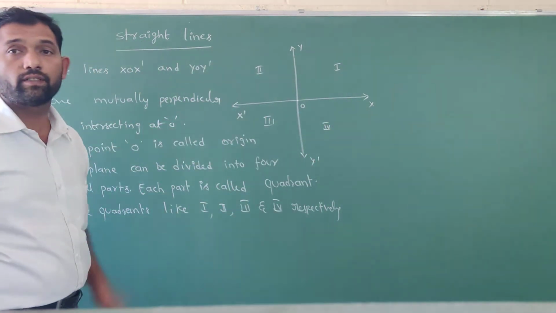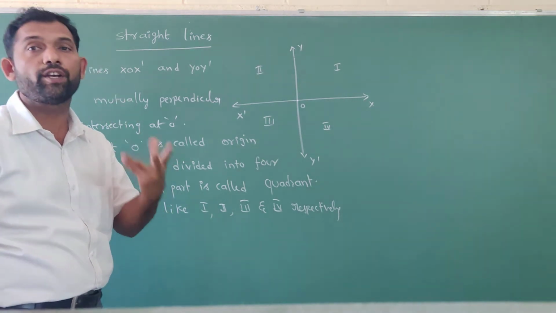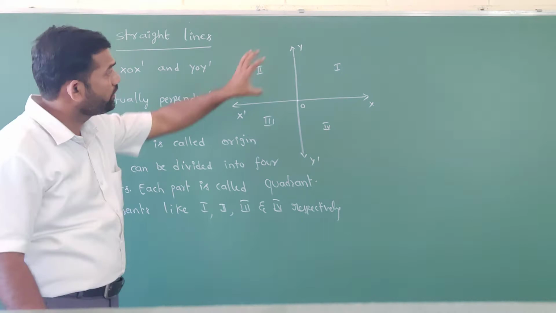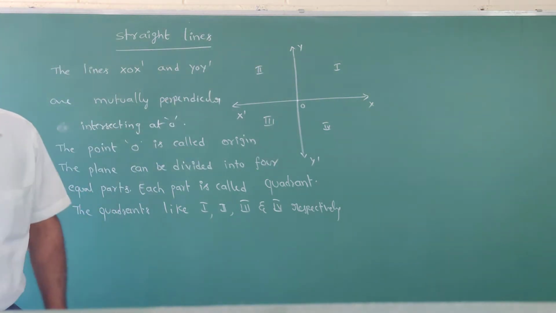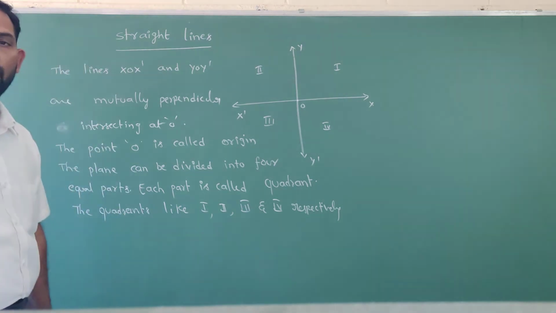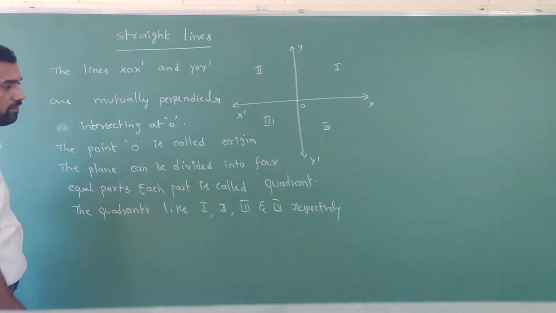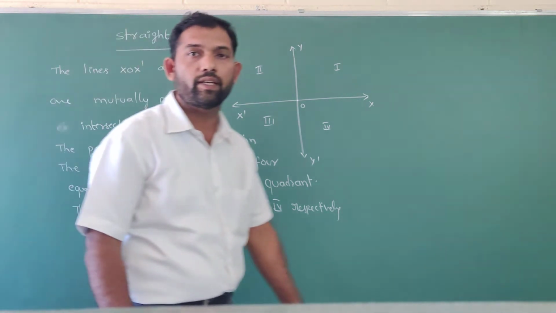In quadrant-wise points, each quadrant has an infinite number of points. The representation of the points is x comma y.